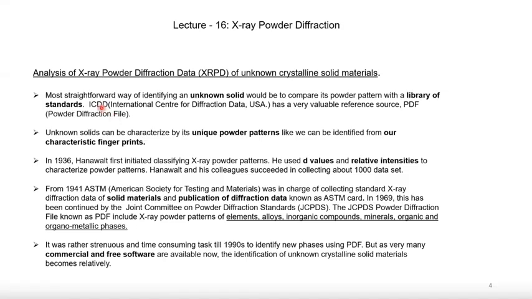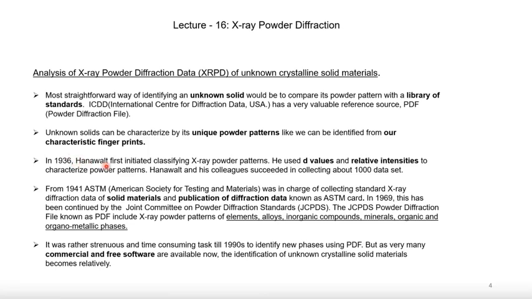And you see, ICDD, the International Centre for Diffraction Data, USA, has very valuable reference sources, which we call the PDF, Powder Diffraction File. We say that unknown solids are characterized by unique powder patterns, like we have our characteristic fingerprints. How did we develop this library?